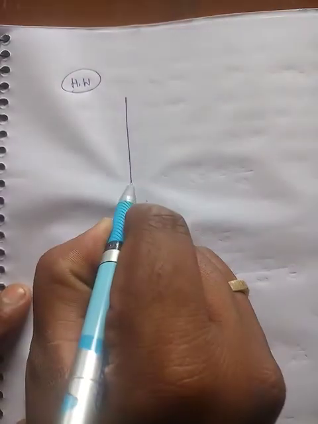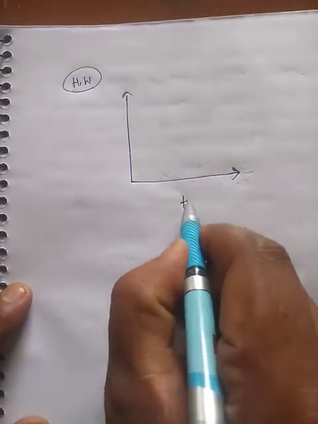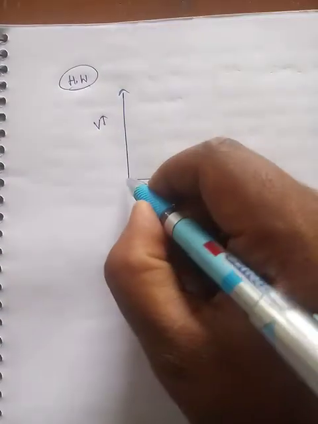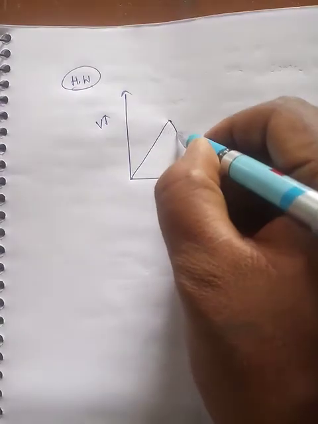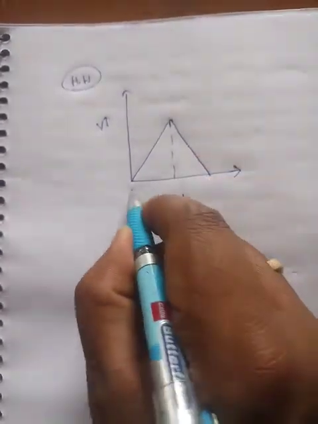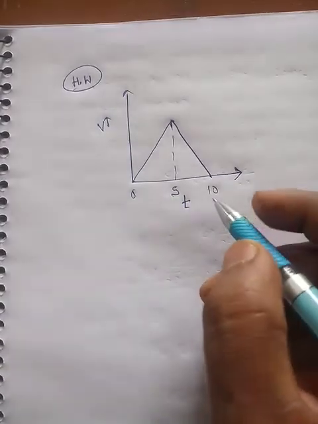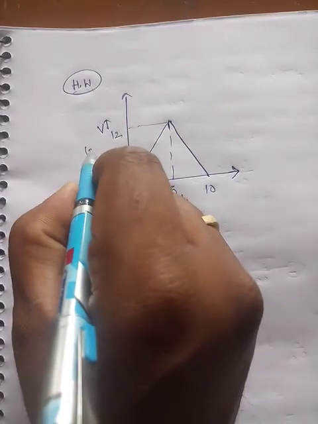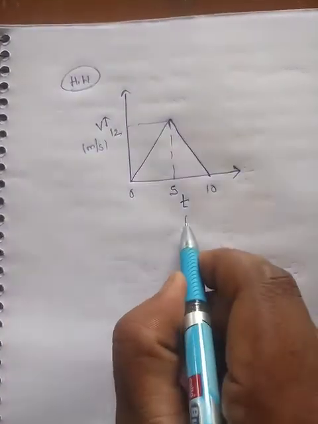The given one is a velocity time graph. Speed is in meter per second, time is in seconds.